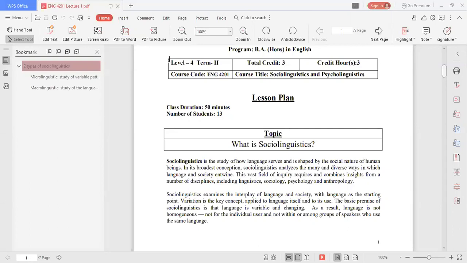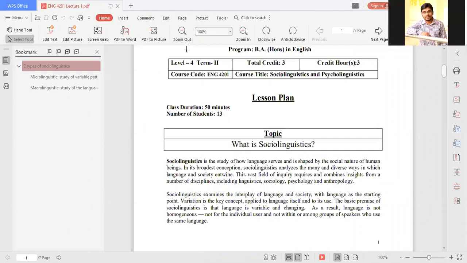Now, social linguistics examines the interplay of language and society with language as the starting point. That means how language and society play roles together to shape human life, to shape the human psyche.